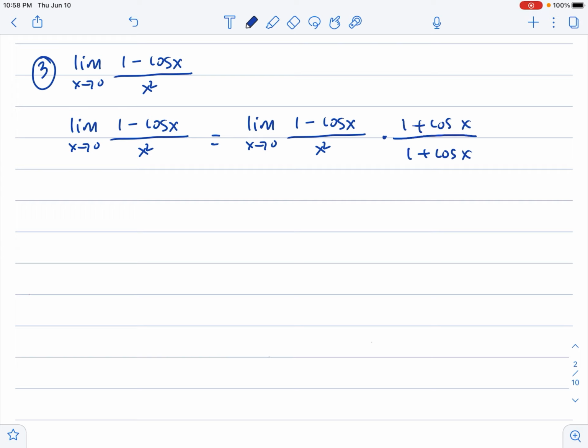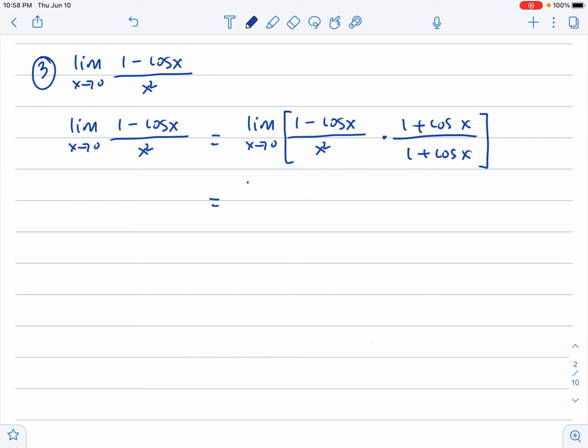So again, we're multiplying by the same expression sa numerator and denominator, and it's a fraction. So in effect, we're just multiplying by 1, no? And hindi naman nababago yung given pag minultiply natin by 1. We can multiply the numerator, 1 minus cosine x times 1 plus cosine x. Yan ay 1 minus cosine squared x, no?